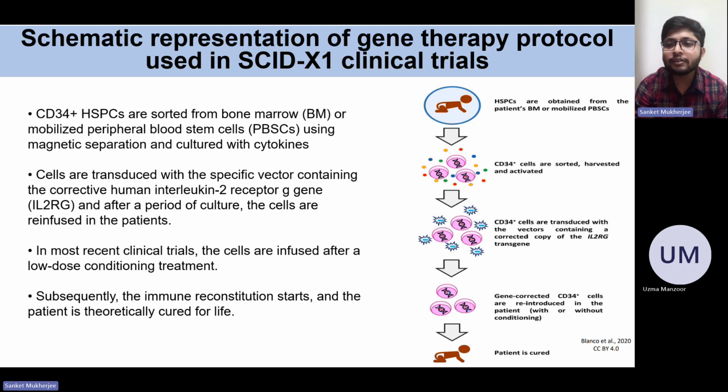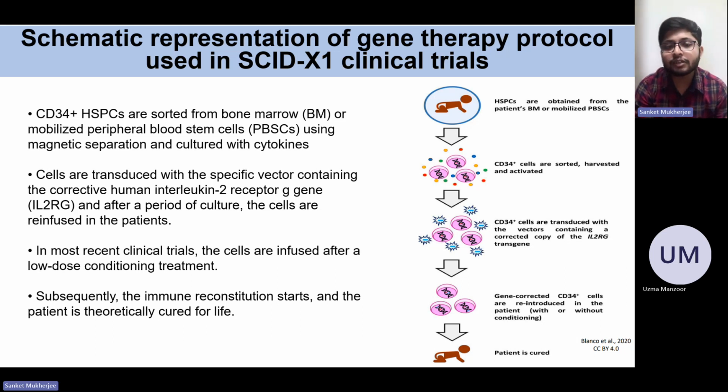If you see, in this case, the CD34 positive cells are sorted from the bone marrow or mobilized peripheral blood stem cells using magnetic separation and cultured with cytokines. These cells are transduced with the specific vector containing the corrective human interleukin 2 receptor gamma, IL2RG, gene, and after a period of culture, these cells are reinfused into the patient.